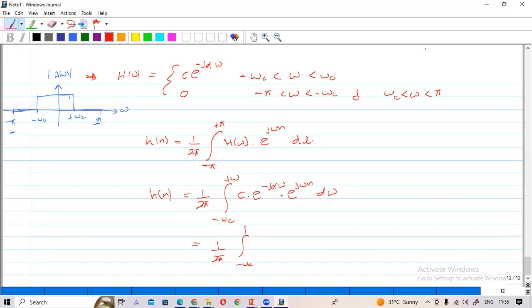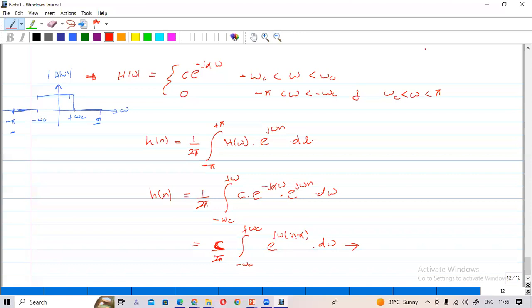You can write the limits minus omega c and plus omega c. C is a constant, so you can take it out. Taking j omega out, you have e to the power j omega (n minus alpha) d omega, which you can now easily integrate. You have to consider omega as the variable, and n as a constant in this case, because the integration is with respect to omega only.